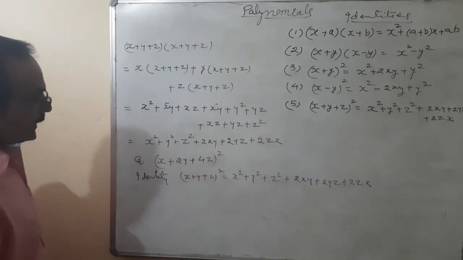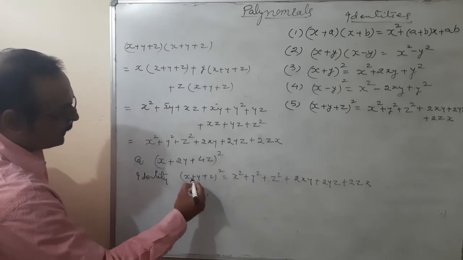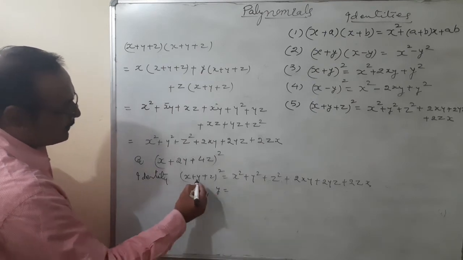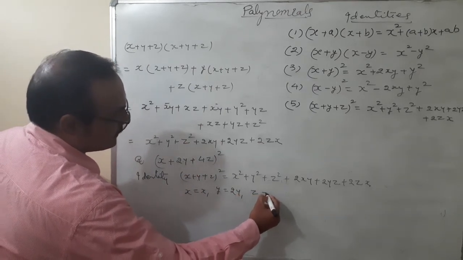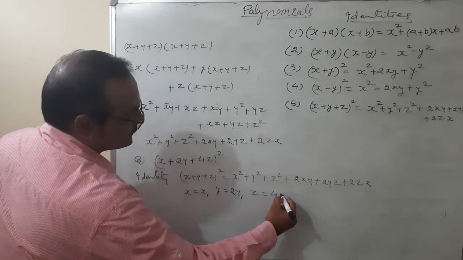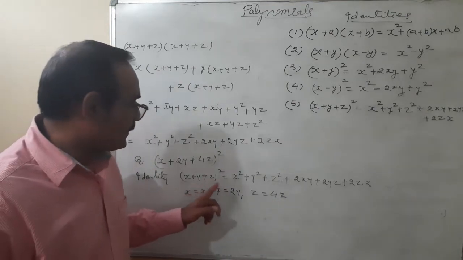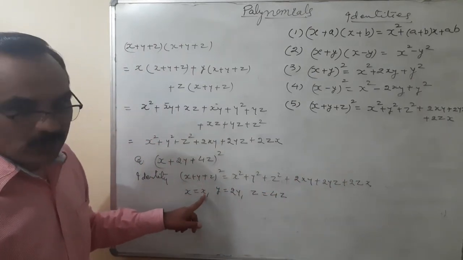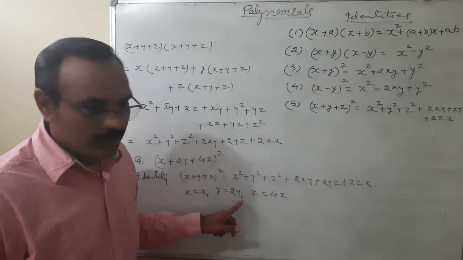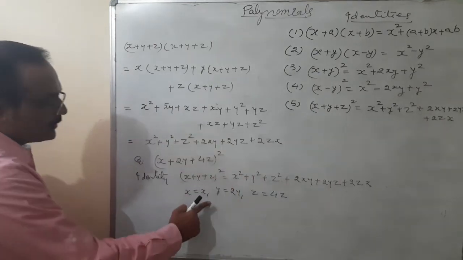So friends, x is as it is, no change. In place of y, there's a 2y, and in place of z, here is 4z. So nothing I have to do, only in place of x, y, z, I am going to replace these values: x replaced by x, y replaced by 2y, and z by 4z in this term. So let us see what is coming.